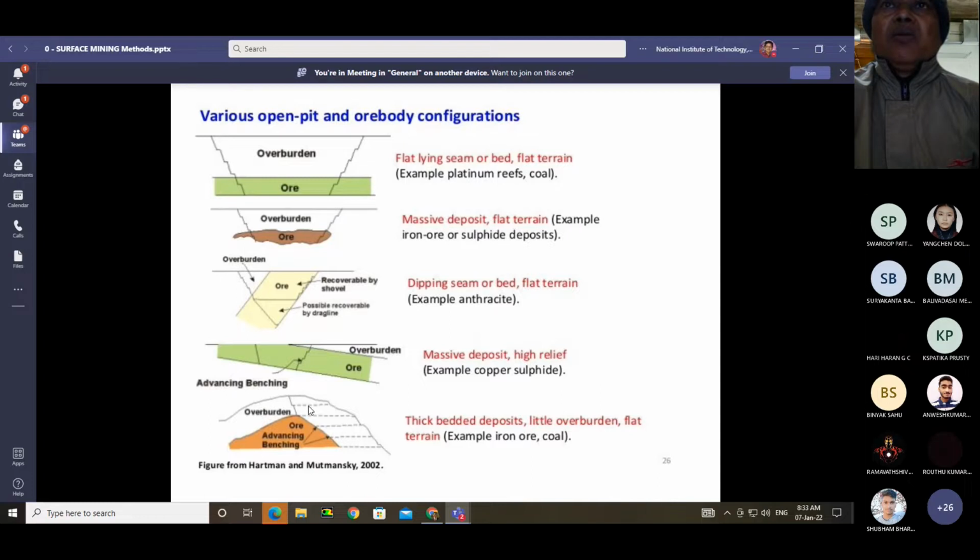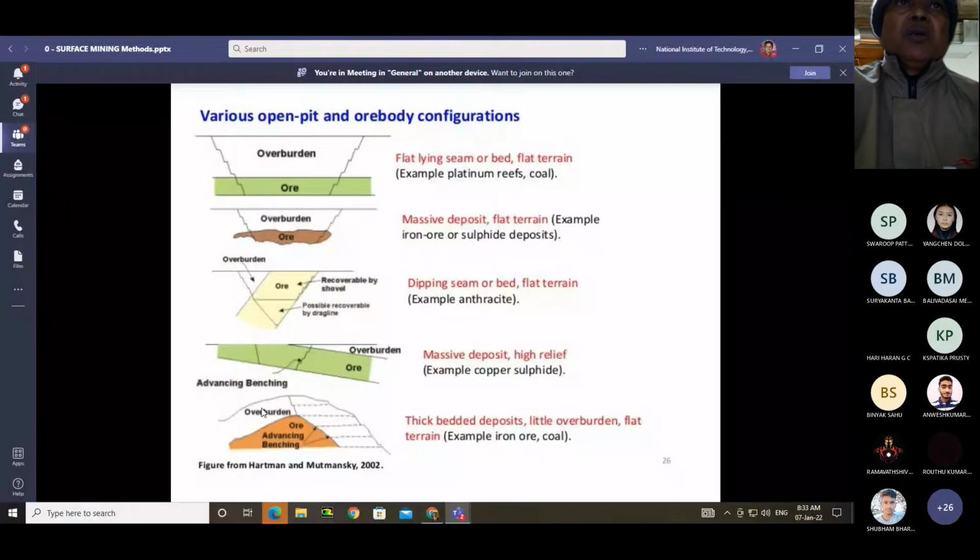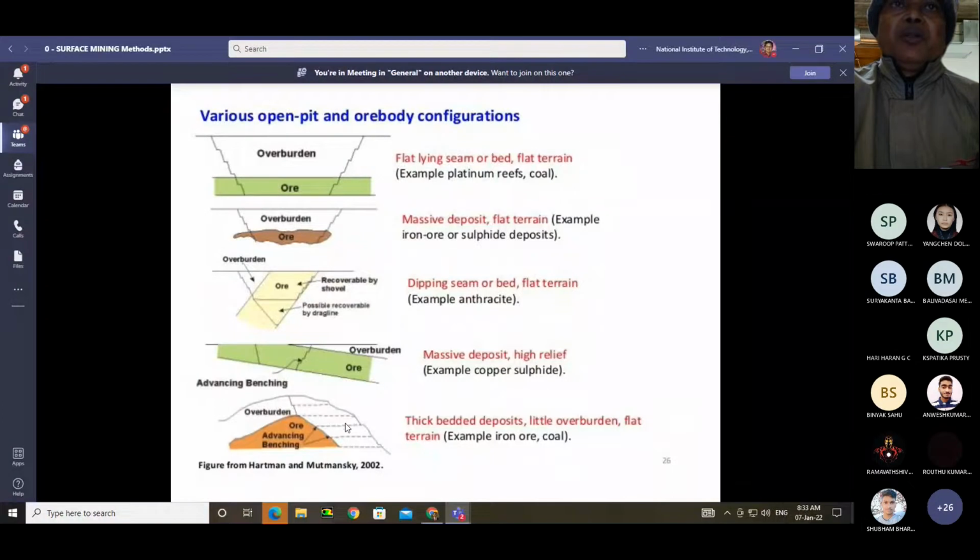There is little overburden in a flat terrain, for example iron ore mining or coal mining. You have to remove this overburden and get the minerals. So it is a hilly type of deposit. These are the various open pit and ore body configurations you come across while doing open pit mining.